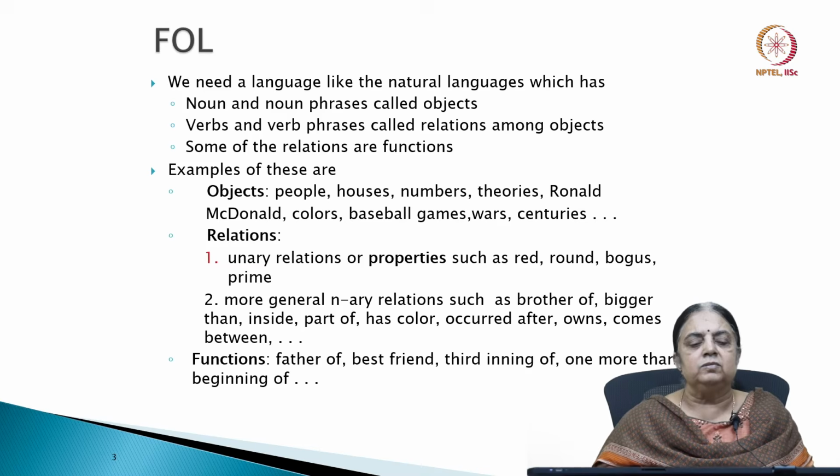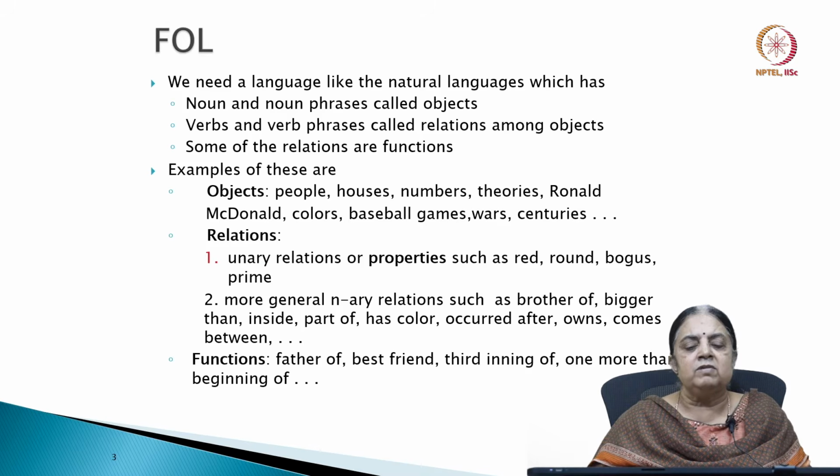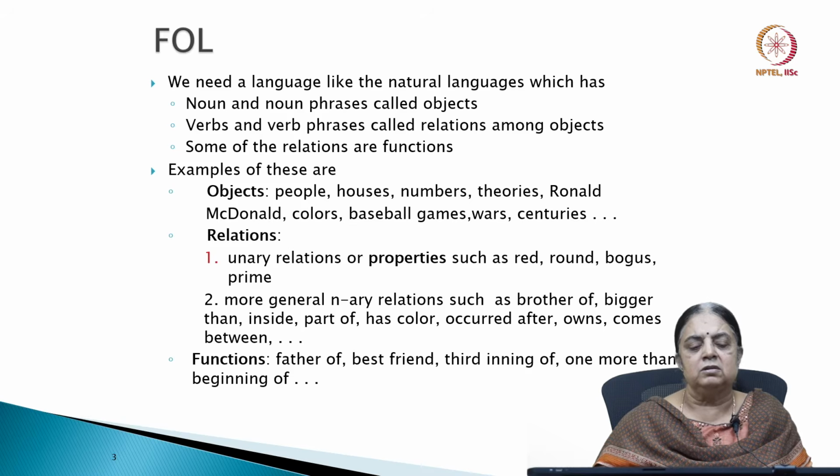Just like you have the natural language which can represent nouns, verbs and relationships between verbs, nouns, etc., we need to have the first order logic which can represent whatever you can represent in a natural language. For example, in English, whatever we can represent, we should be able to represent in first order logic.